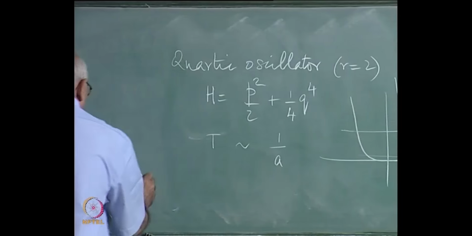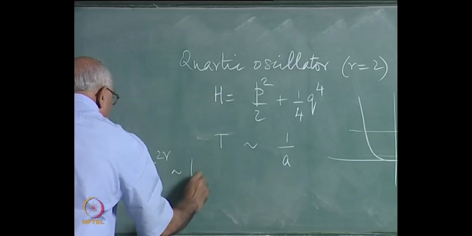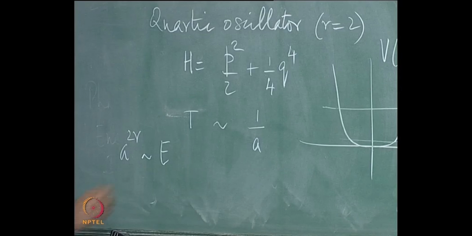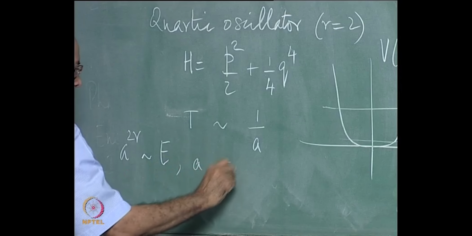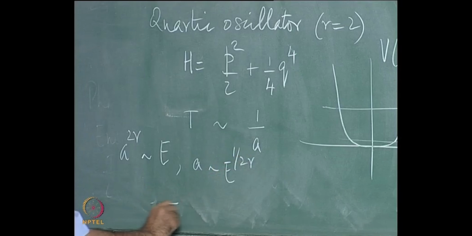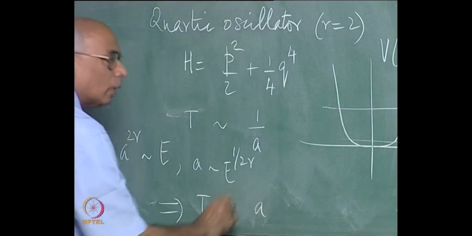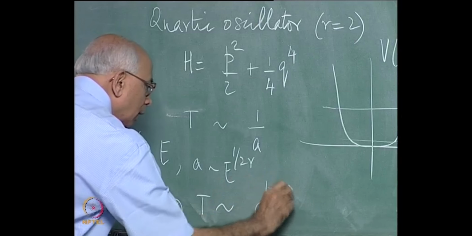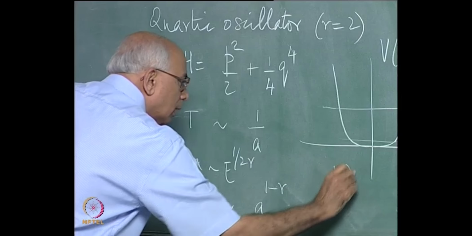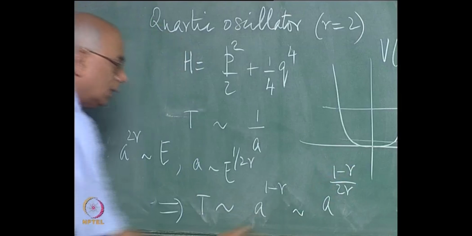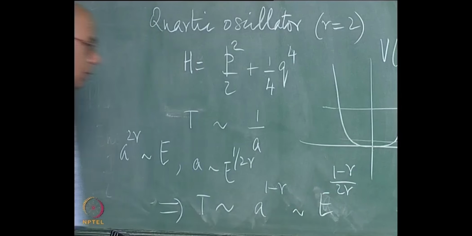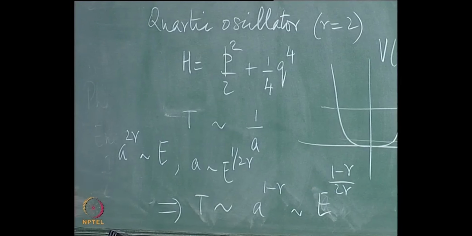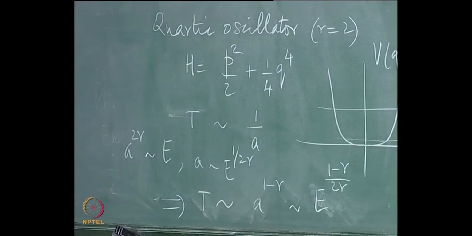Exactly, a to the power 2r is proportional to the energy, which implies that a is proportional to E to the power 1 over 2r, and that in turn implies that T goes like a to the power 1 minus r, which is E to the power 1 minus r over 2r. So that is the dependence on the energy of the time period.